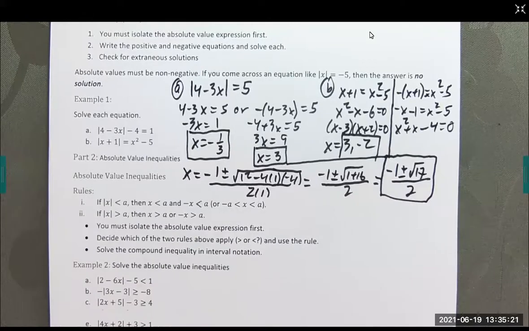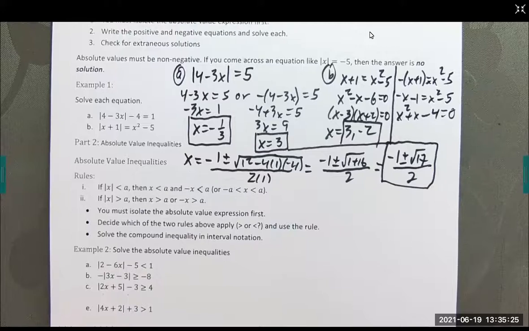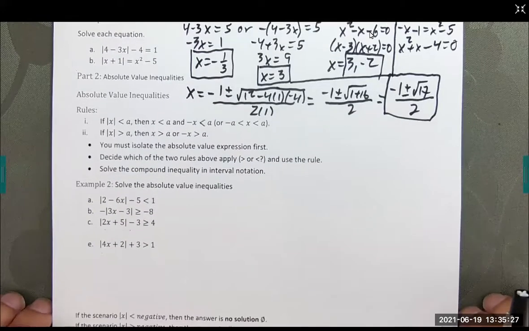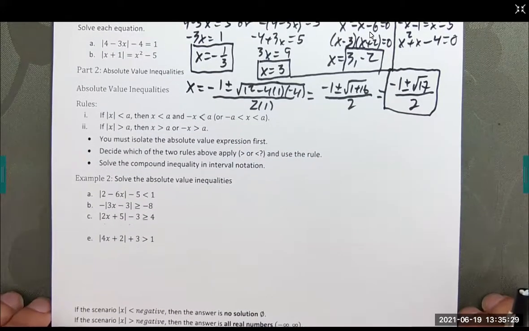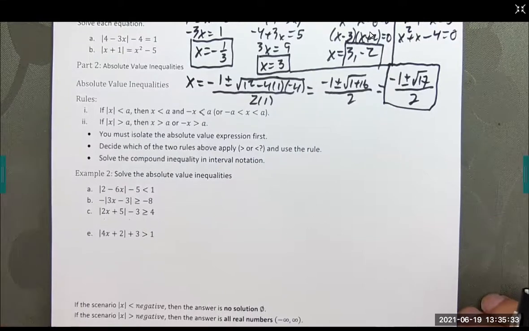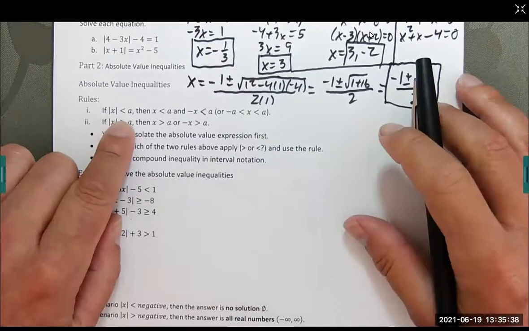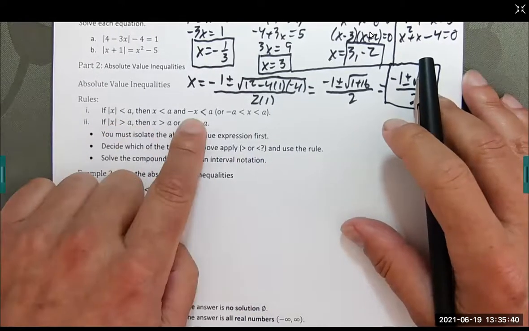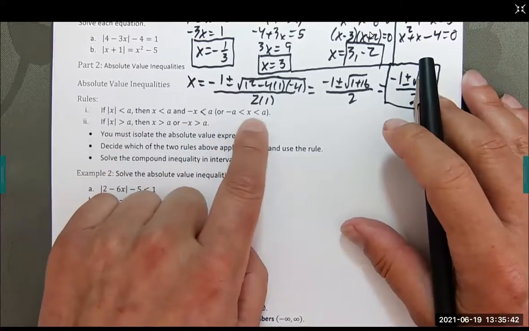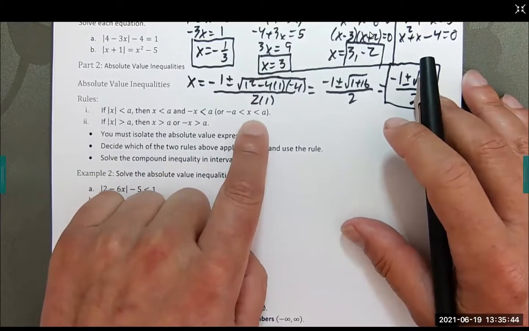All right, so those are equations. What if we have inequalities? Well, you can imagine when we have the negative side of it, remember when we multiply or divide by a negative that the inequality switches. So this gets a little tricky. If it's a less than case, then it turns into an and statement. We actually can write it like this. This is going to be a little bit easier to work with.